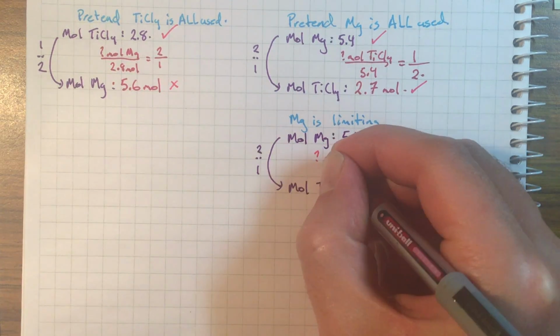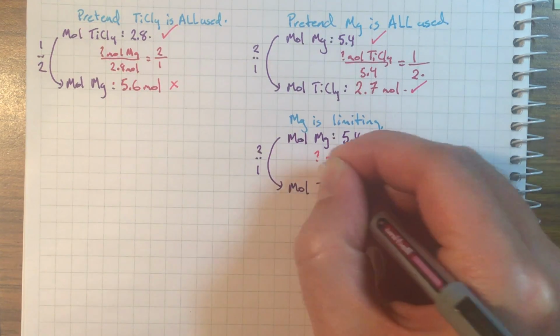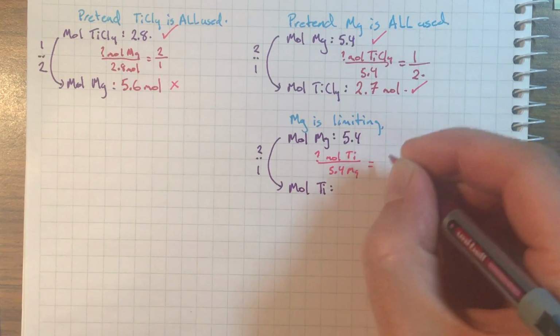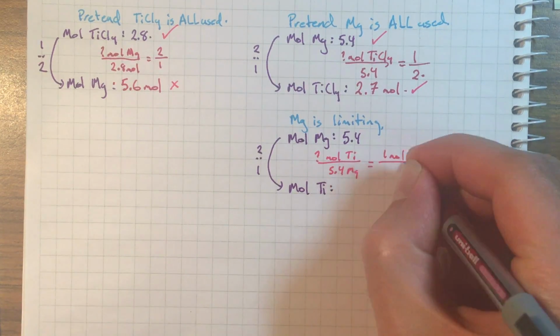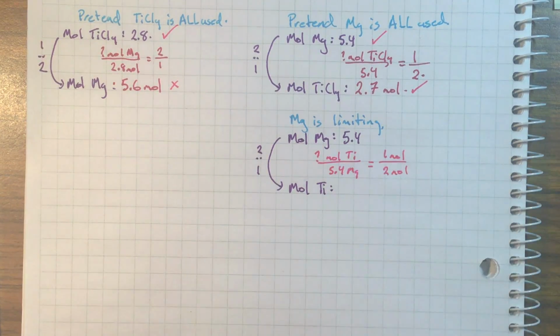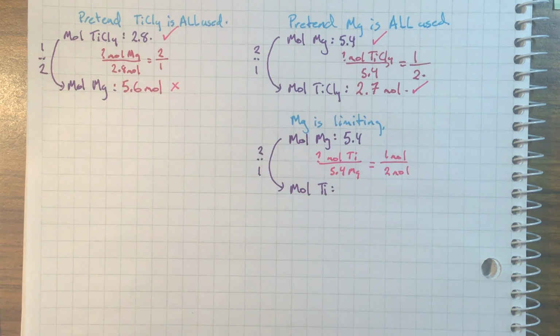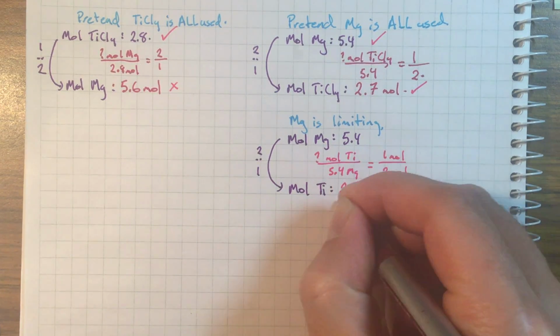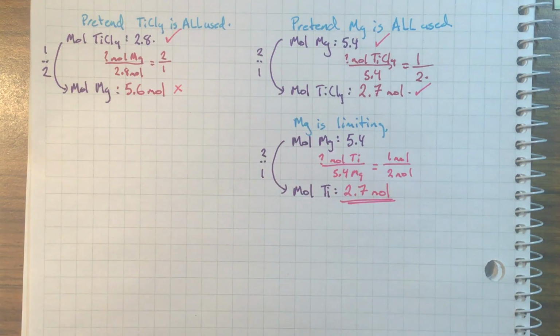So how many moles of titanium will I get from 5.4 moles of magnesium if there's 1 mole of titanium for every 2 moles of magnesium? Simple as that. 5.4 times 1 divided by 2 is 2.7 moles. To the correct number of significant figures. All right, so that was an easy limiting reagent question.